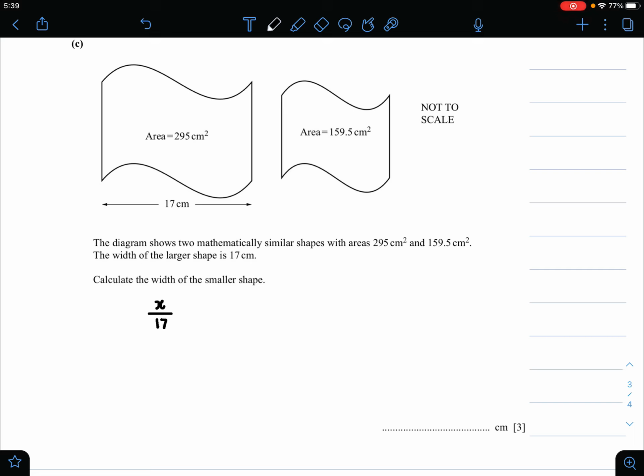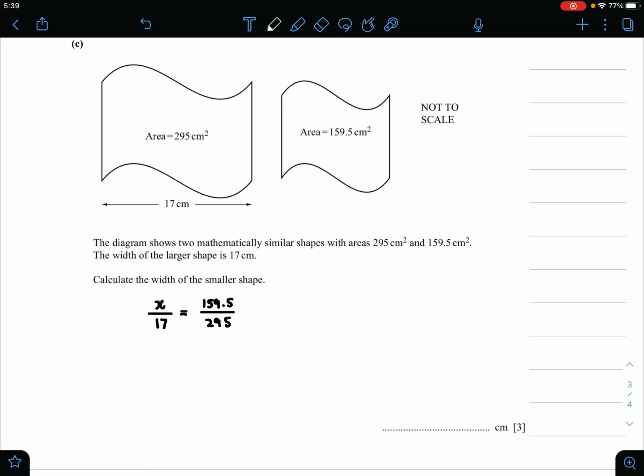Basically, you keep the bigger shape's area and width both in the numerator or both in the denominator. So x by 17 is equal to 159.5 divided by 295.